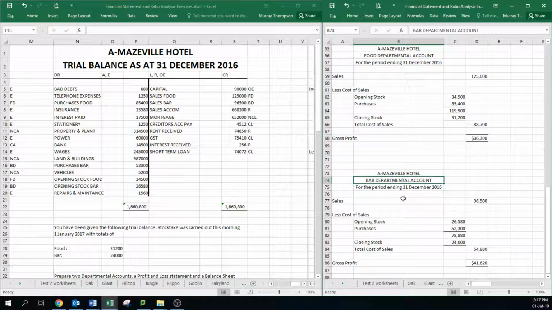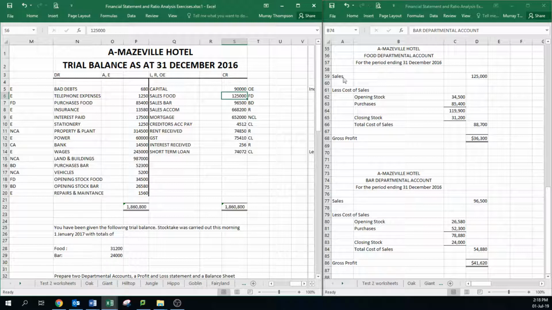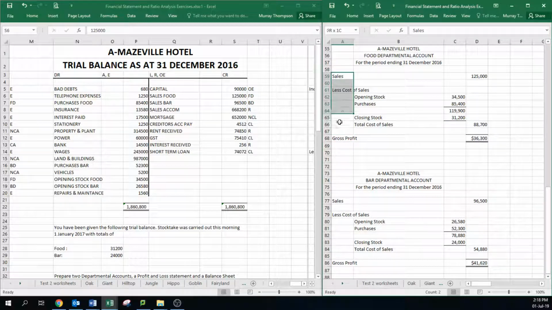Anything that said bar department will be used in the bar department. Here are the important components. Sales less cost of sales equals gross profit. That's an important calculation.